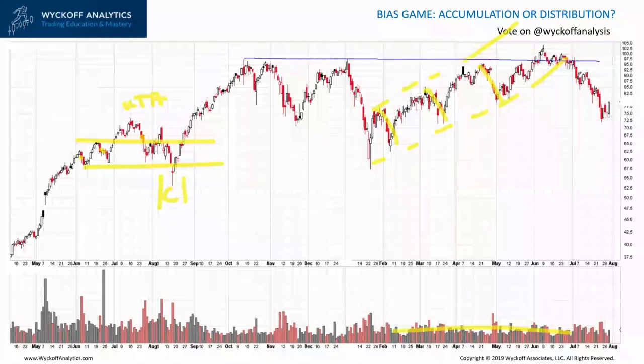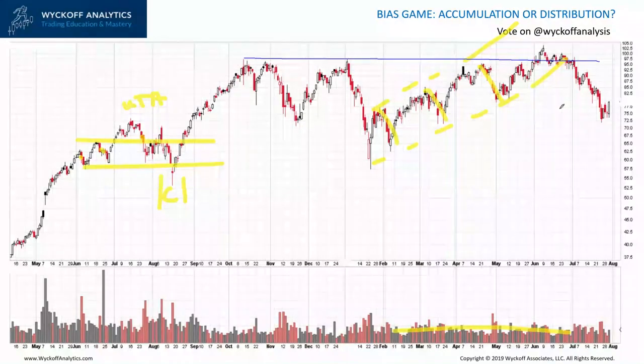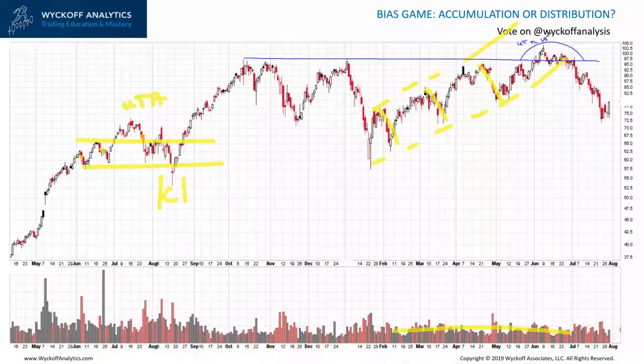Intentionality. We wanted to overcome this resistance, and we'll talk about this resistance in a second, and do what? We wanted to stay above it if this is a sign of strength, right? So it's always a situation of either an upthrust or a sign of strength. Okay, and then we're failing from here.